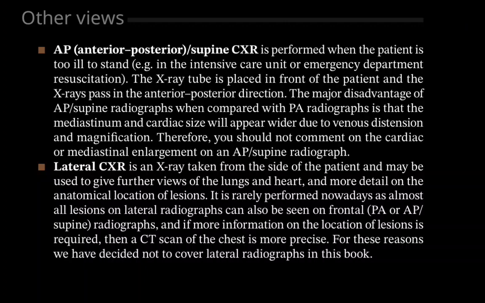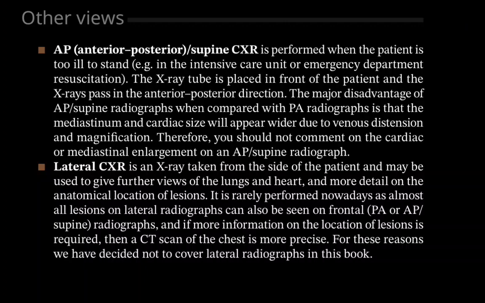AP anterior-posterior or supine chest X-ray is performed when the patient is too ill to stand, like in the intensive care unit, ICU, or emergency department resuscitation, the resus room. The X-ray tube is placed in front of the patient and the X-ray passes in the anterior-posterior direction.